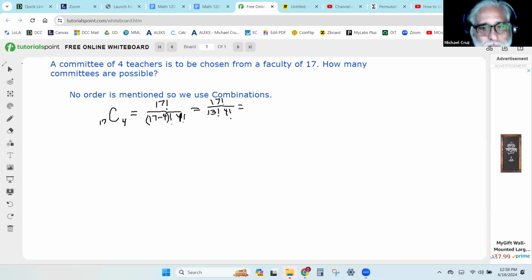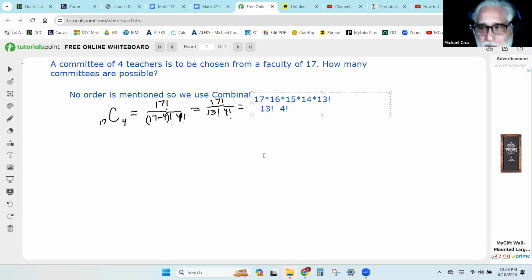All right. So up here, 17 times 16 times 15 times 14 times 13 factorial rather than count all the way down. And then down here is the 13 factorial and then the 4 factorial.